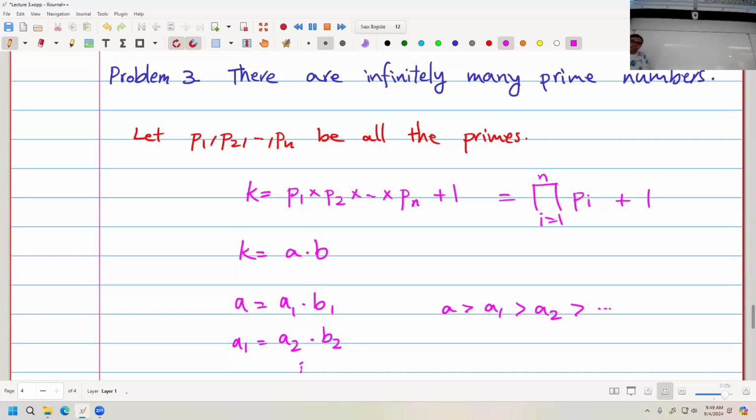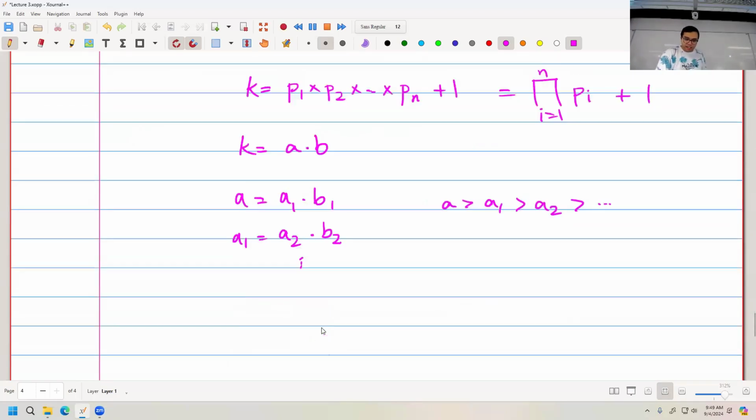But how does it end? It ends only when one of my ai's is actually a prime number, right? Because that's basically how my algorithm worked. Every time I said, look at this factor ai that I have right now, it's either a prime number, in which case I found a new prime number, or if it's not a prime number, I keep factorizing it, right?